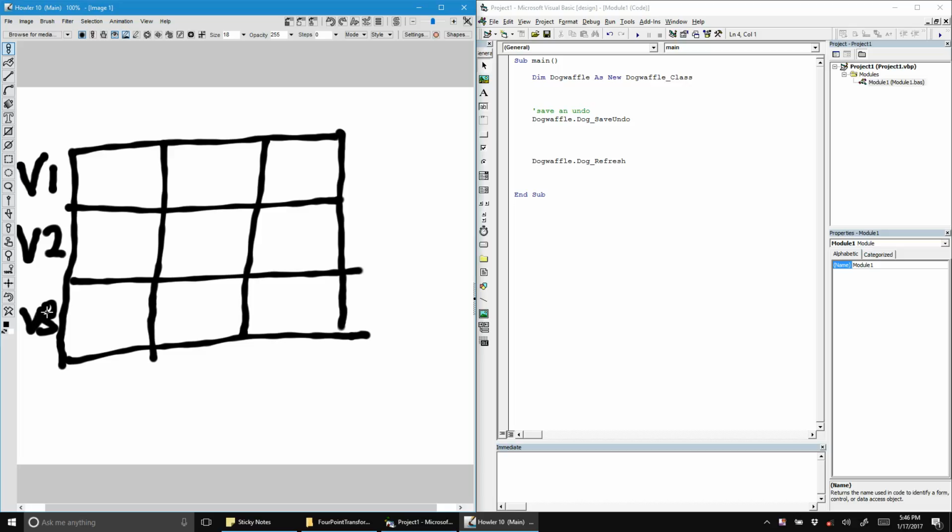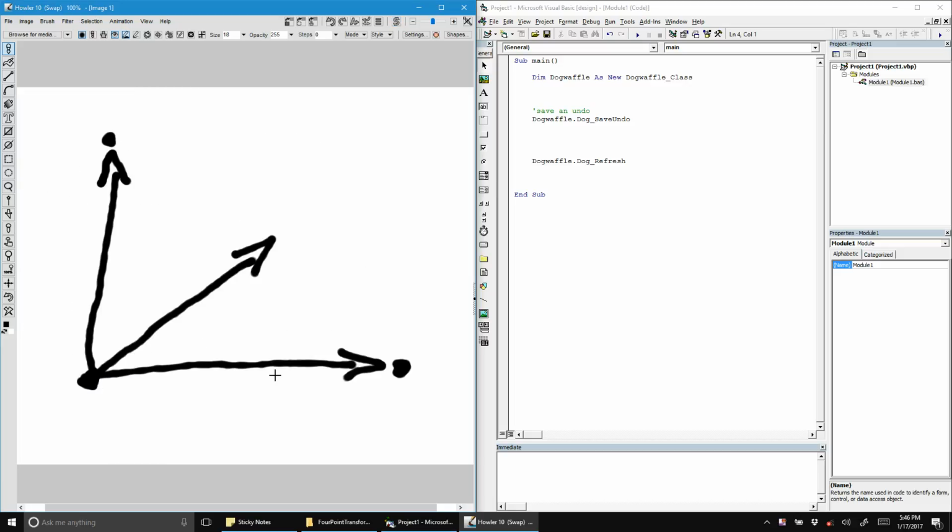Like this, we could say this is vector 1, this is vector 2, and this is vector 3. So vector 1 is the x vector, vector 2 is the y vector, and vector 3 is the z vector.